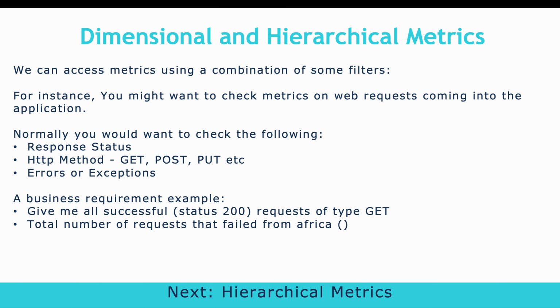A business requirement could be: give me all successful requests of type GET. If we say it's successful, we know the status code is 200. So we want to know how many of all the requests that came into our application were successful.